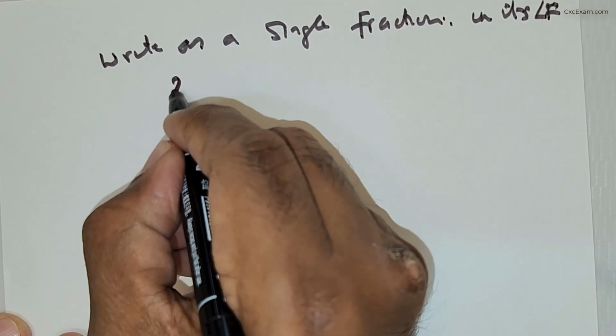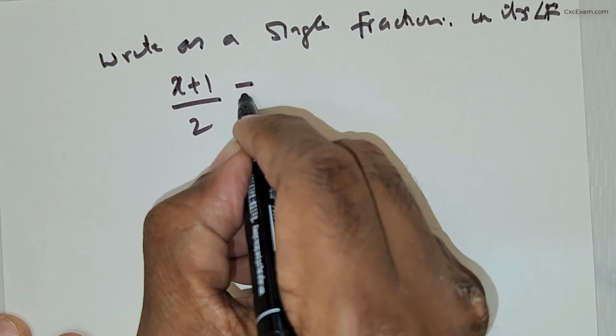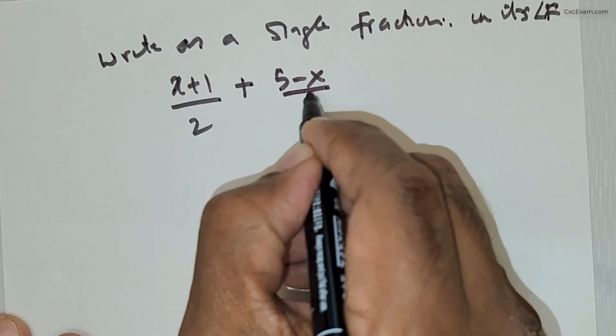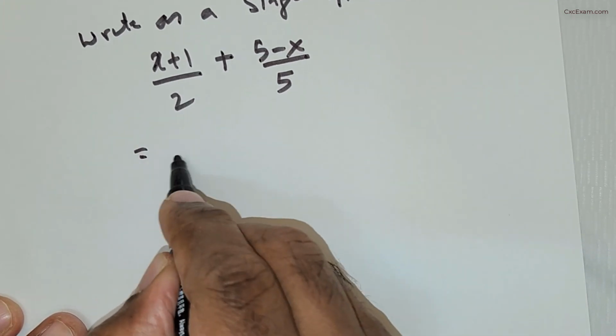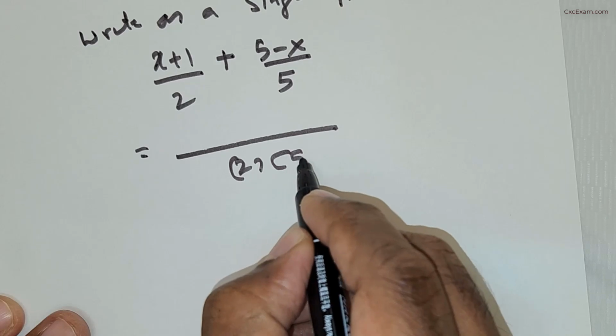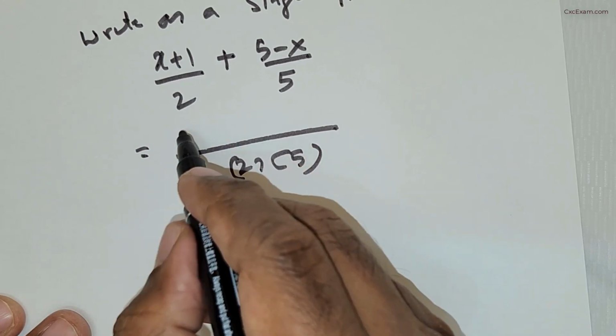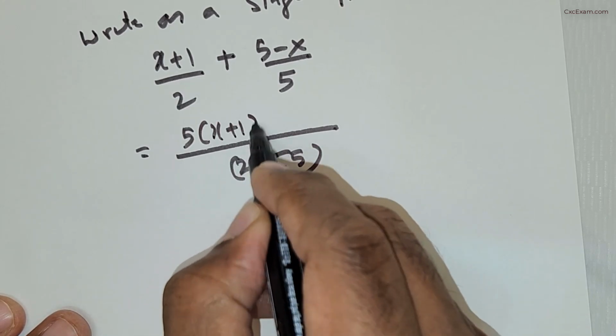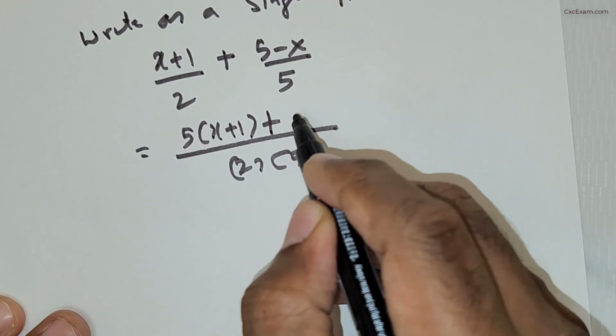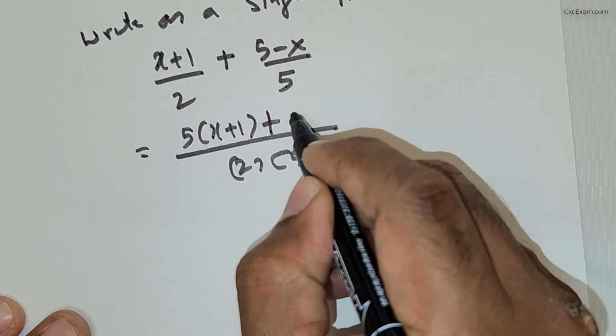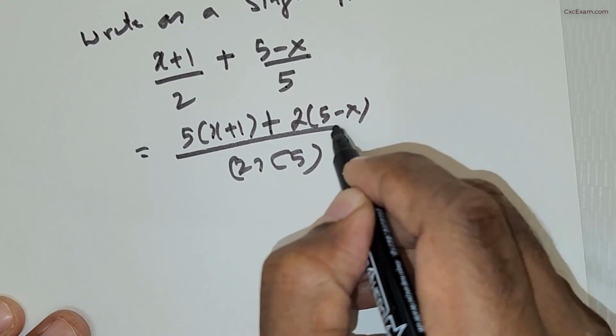So you have x positive 1 over 2 positive 5 negative x over 5. Now the LCM is 2 times 5. So over here 2 and 2 get cancelled, you have 5. So 5 times x positive 1. The sign between them is positive. Now 5 and 5 get cancelled, you have 2. So 2 times 5 negative x.